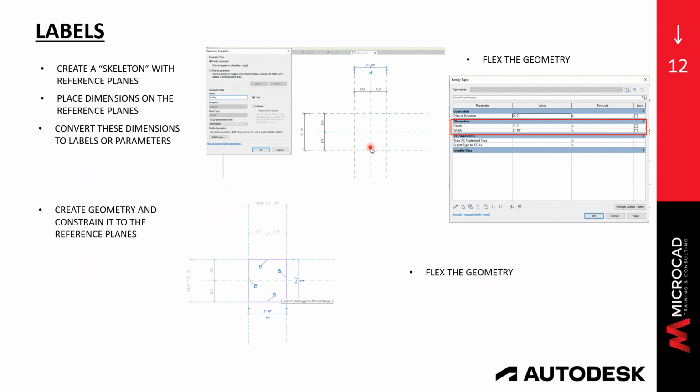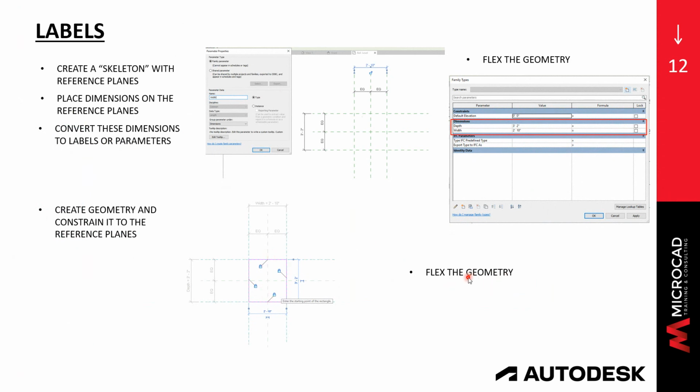After you have your skeleton of reference planes, you will start creating geometry by creating extrusions or revolves or whatever other shape that you need to create. And you will constrain, and this is what these blue locks show here, you're going to constrain your geometry to the reference planes.